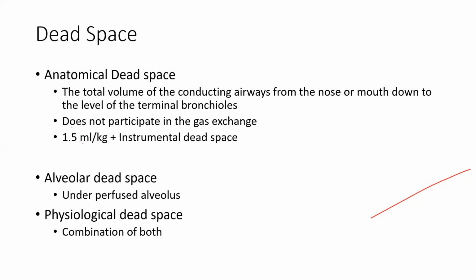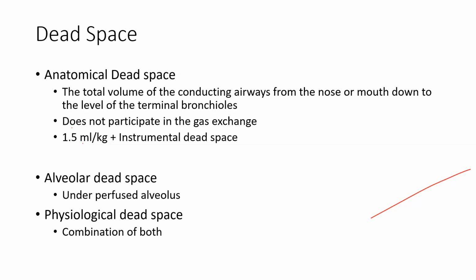Along with that, we have instrumental dead space. Instrumental dead space means the ET tube and the ventilator tubing, depending on where you put your flow sensor and where you are measuring your flow and peak pressures. So if you imagine a 3 kilo baby, for example, you want to deliver a 5 ml per kilo tidal volume.